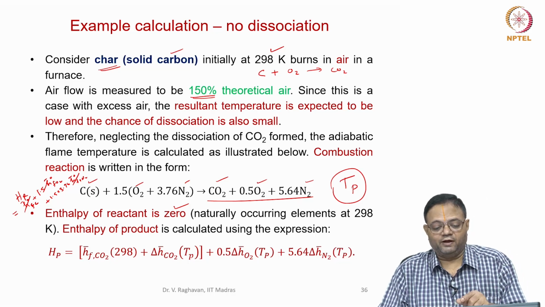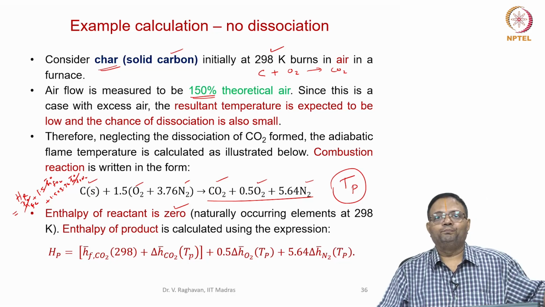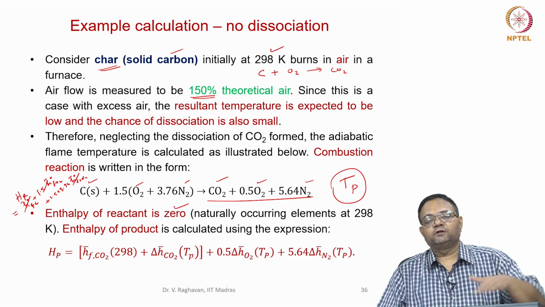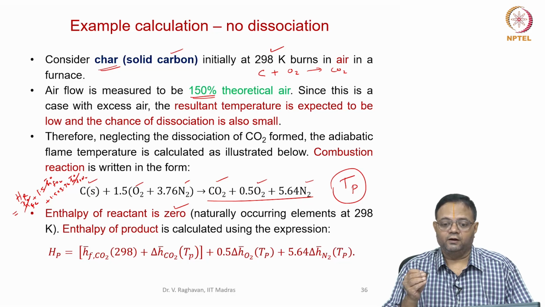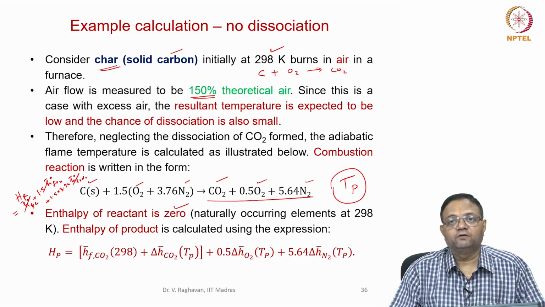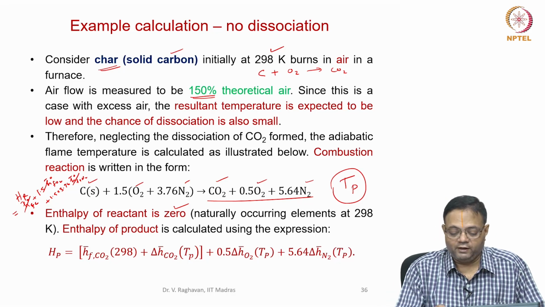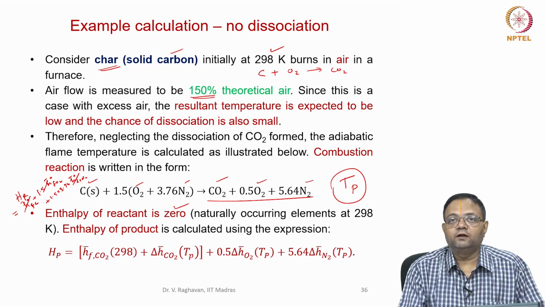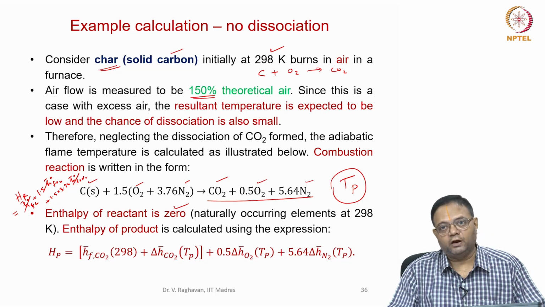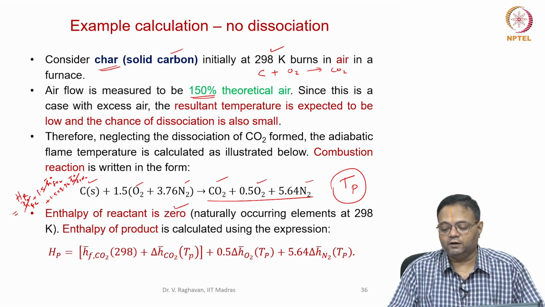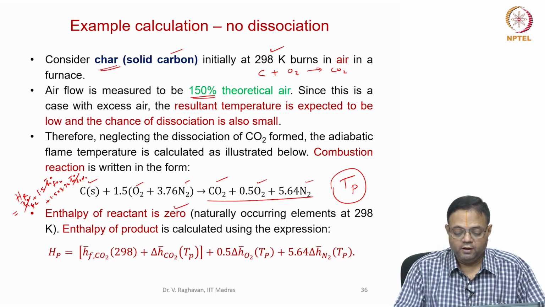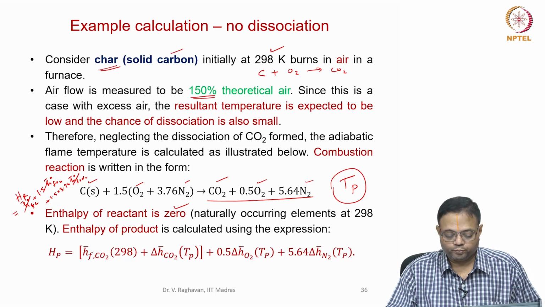If, for example, there is a char bed and air at a higher temperature flows over this, say 500 Kelvin, then the enthalpy of the reactants will not be equal to 0. For the air there will be a sensible enthalpy that you have to take into account. But in this case, since air also comes in at 298 Kelvin, the enthalpy of the reactants is 0.